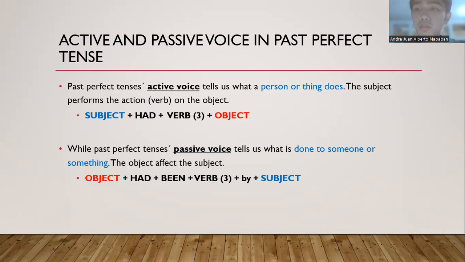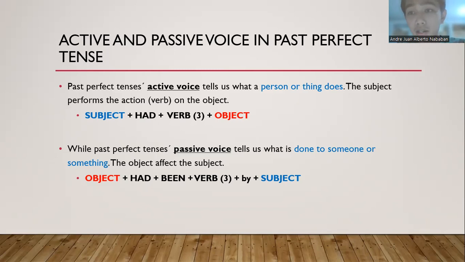And the formula for the passive voice is object. So basically we change the object in the active voice and use it as the subject in the passive voice, but actually it is the object in the active voice.